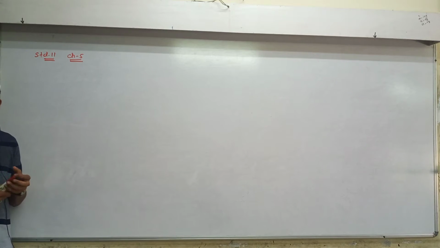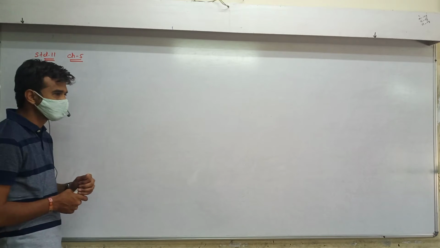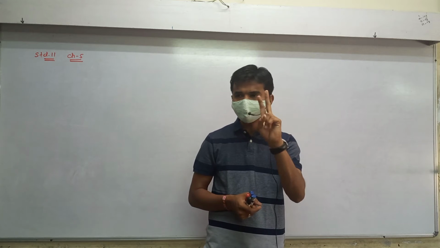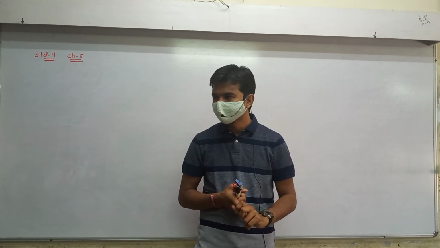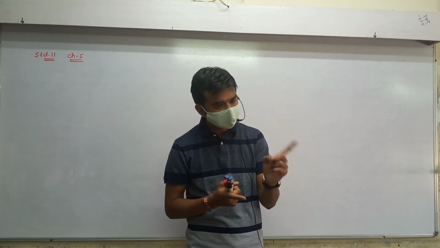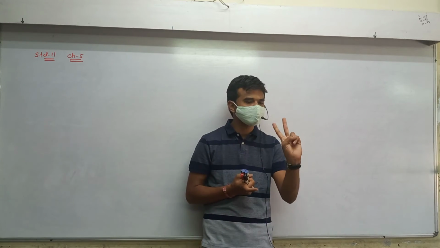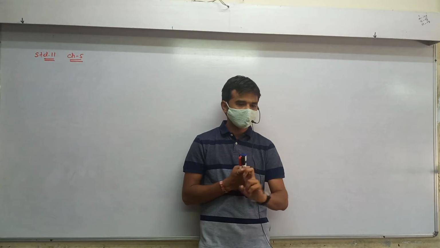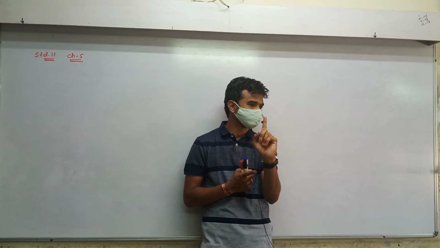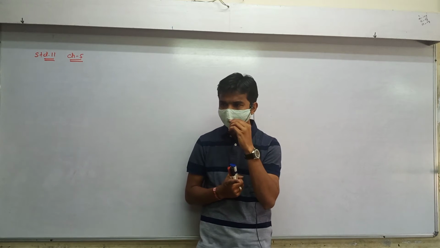Dicot seed: the outer layer is the seed coat, and the seed coat is made up of 2 layers. The outer layer is known as testa, then the inner layer is known as tegmen. 2 cotyledons are there, 2 minute leaves connected to the embryo axis.